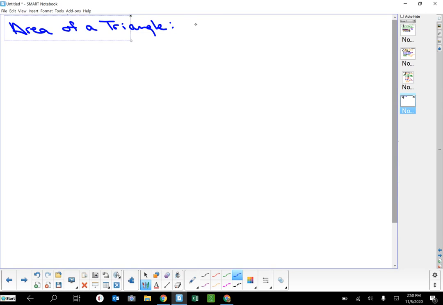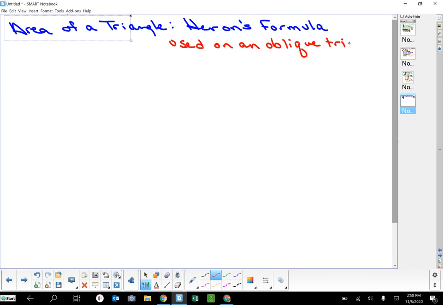So this is something called Heron's formula. And this is used on an oblique triangle. And here is what this formula is.